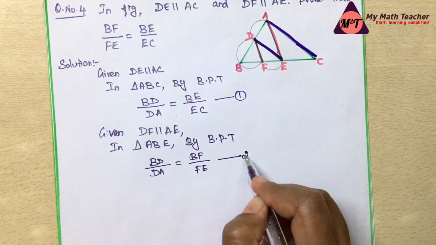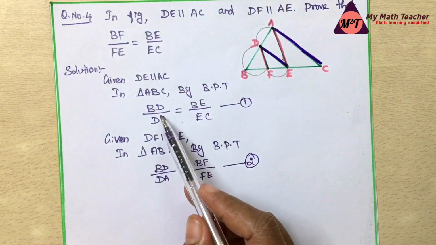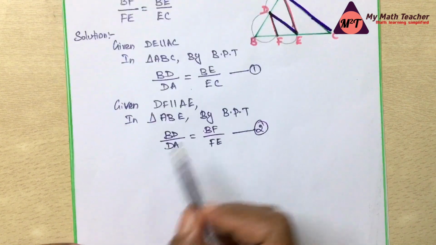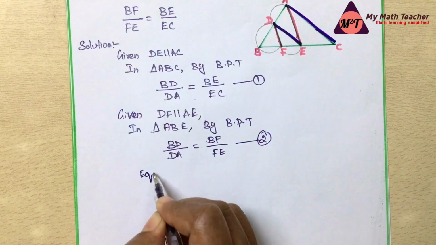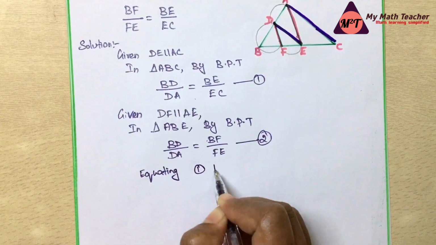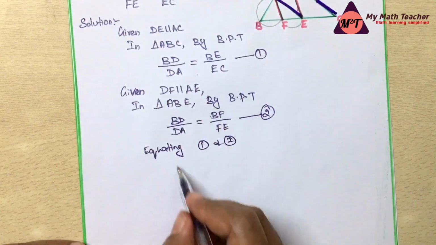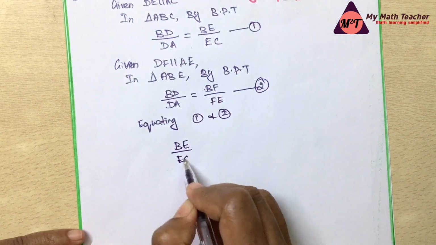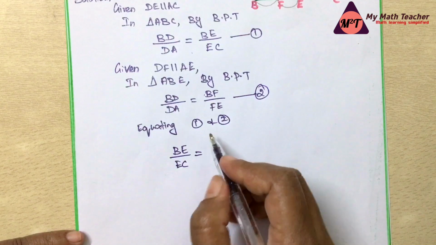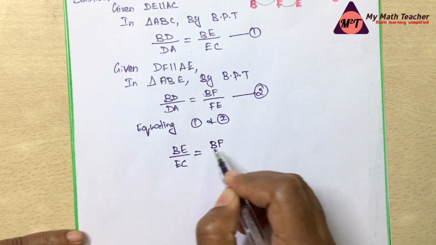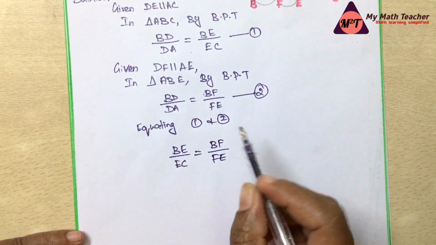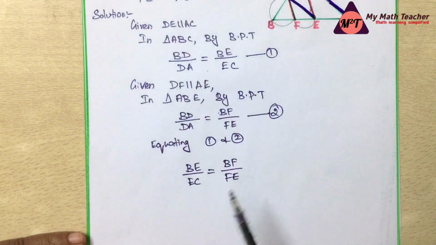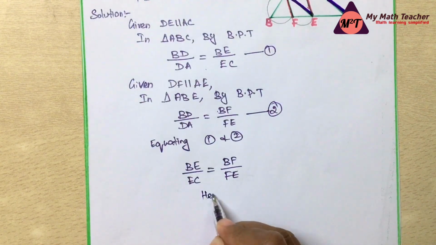This is equation number 2. If both the LHS are same, which means the RHS are also the same. So, equating 1 and 2, we get BE divided by EC is equal to BF divided by FE. So the LHS and RHS are both the same here. Hence proved.